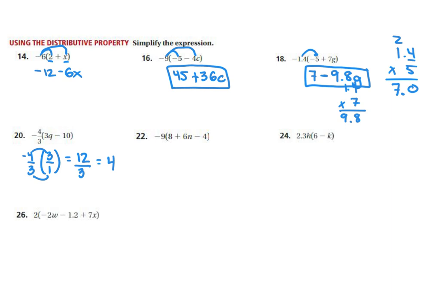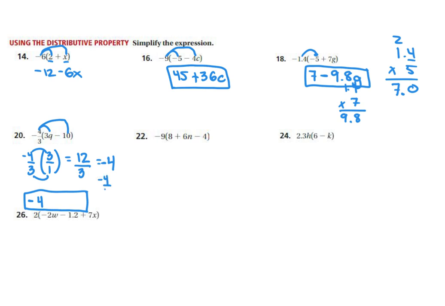And a negative times a positive is a negative. Okay, so that's going to be negative 4. This is going to be my answer. So I just distributed there. Now I need to distribute. So I'm going to have to do this again.